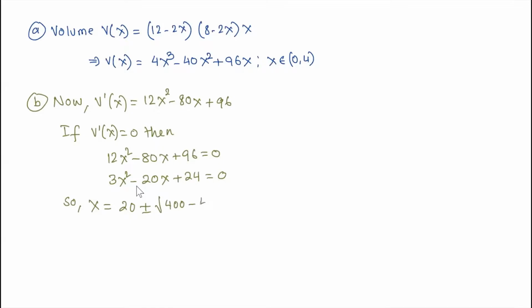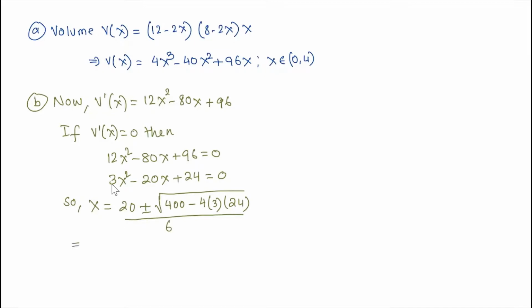B squared minus 4ac. 4 times a is 3, c is 24, divided by 2a. 2 times a is 3, 2 times 3 is 6.